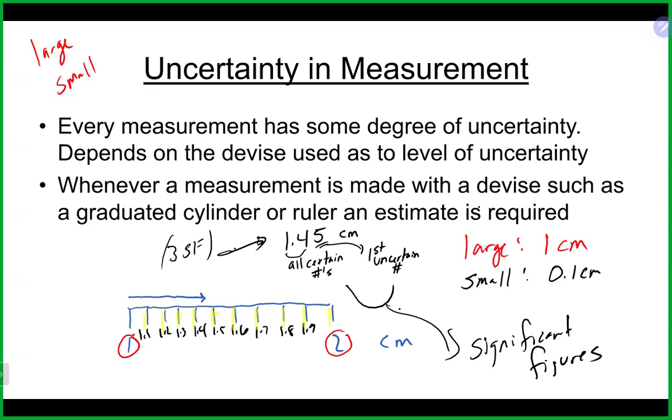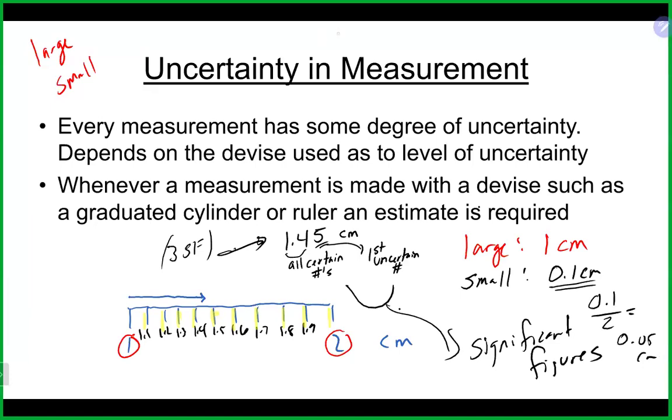Now, you could also talk about the uncertainty in this measurement by taking the smallest marking and dividing by 2. If we take this 0.1 and divide it by 2, that gives us 0.05 centimeters.